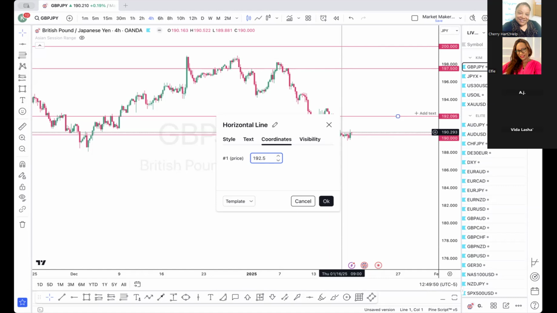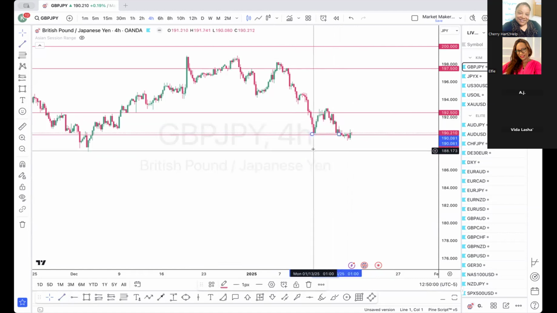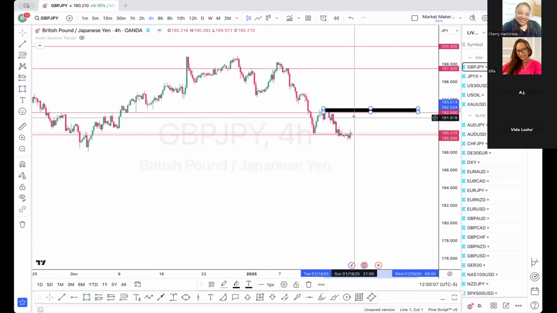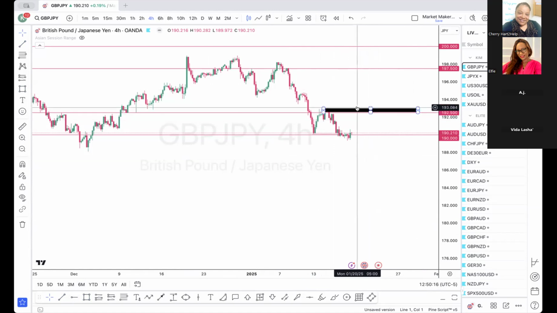And if you look at it, it's market structure, and it's almost at the 78%, correct? So you got the break here. You got the last up candle before the down move, which is 192.5. It's all the same.